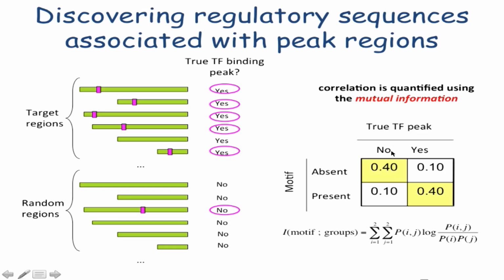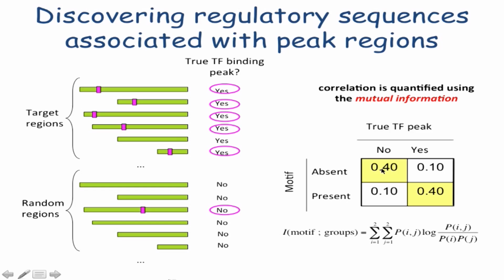This is one of these nodes here. So you just count. In this particular peak here, the motif is absent. It's one. It also belongs to the non-peak category. Okay, it's one. Another one, 2, 3, 4, 5. So you have 5 that are in the motif absent and the non-true peak category.